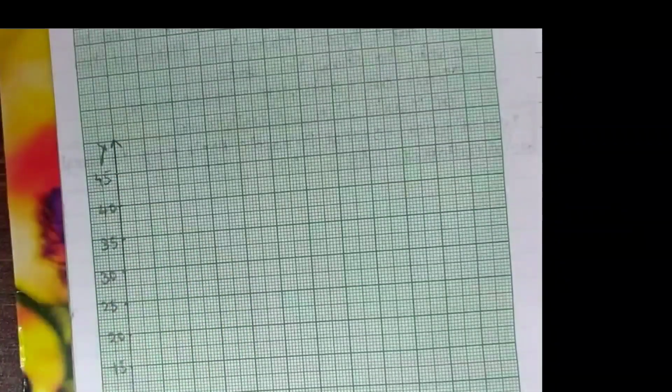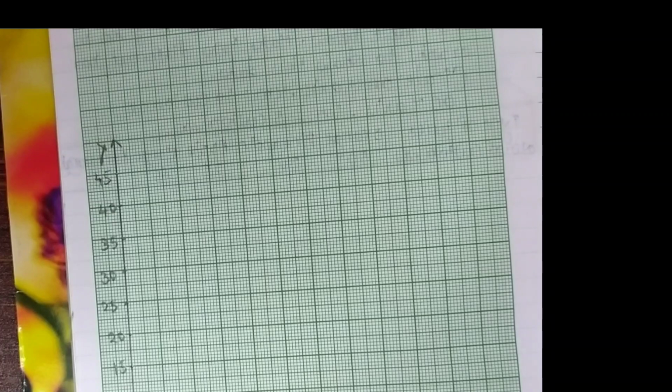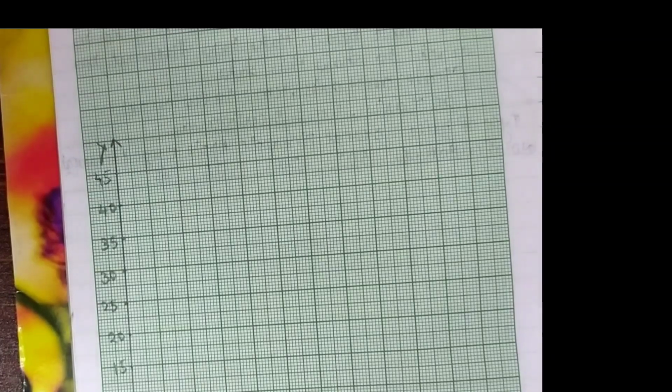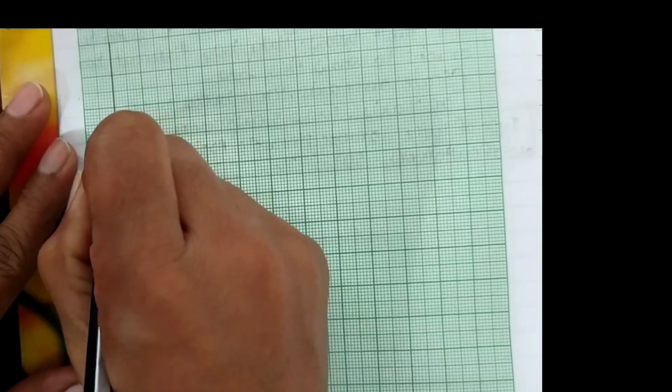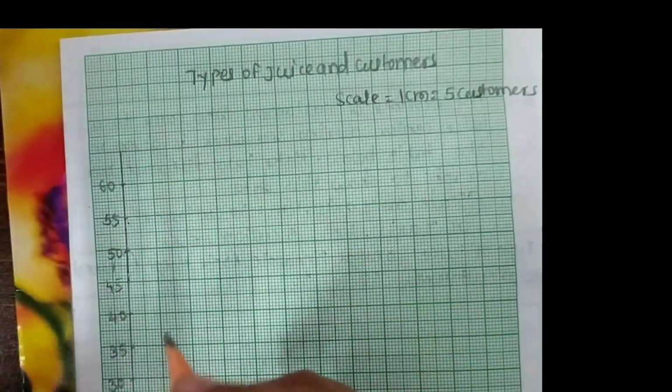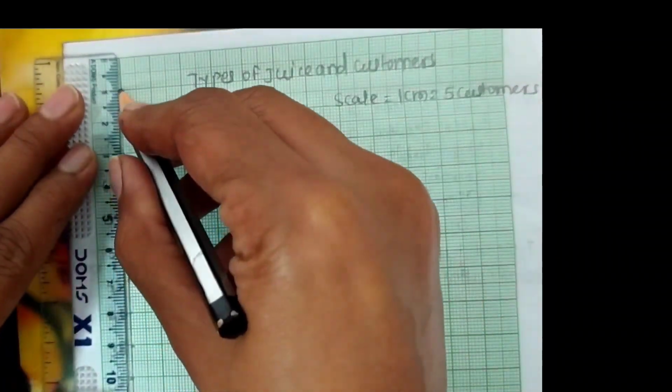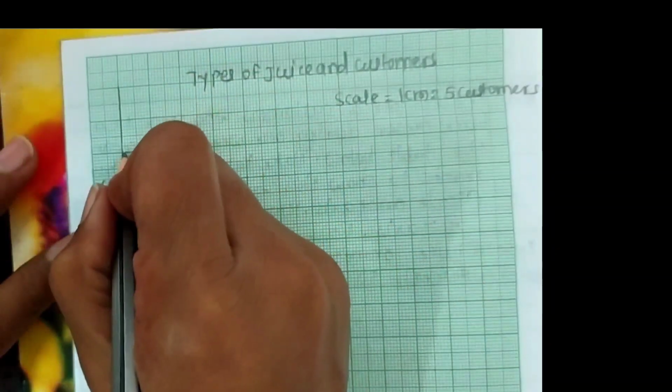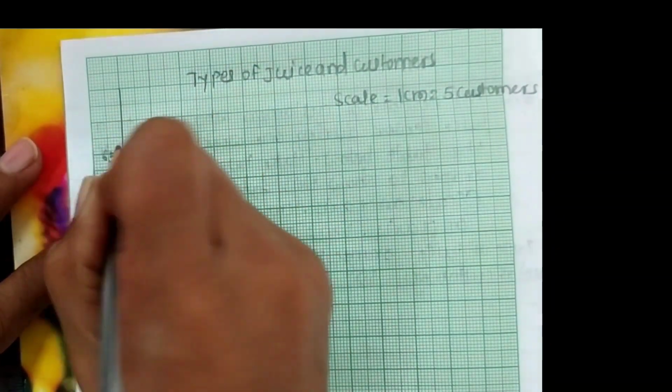Here the bigger number is 65 in the given data. So we have to extend our y-axis. Let's extend it first: 50, 55, 60, then 65, right here 70. Okay.